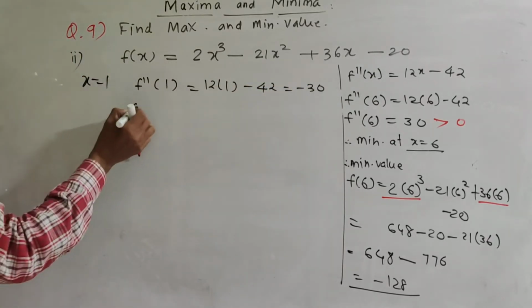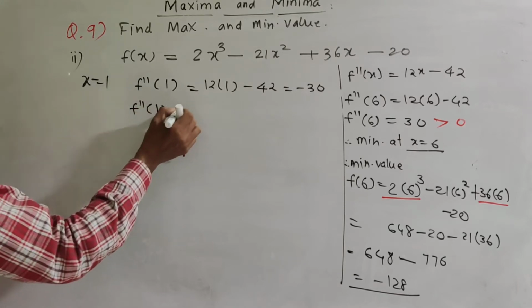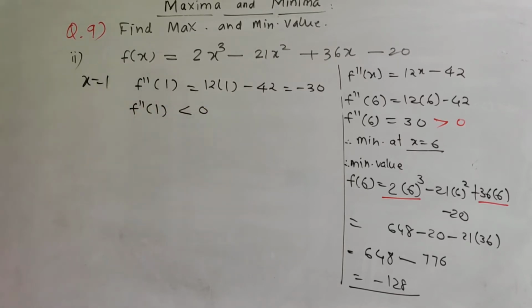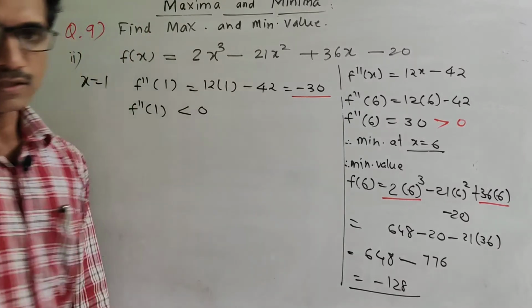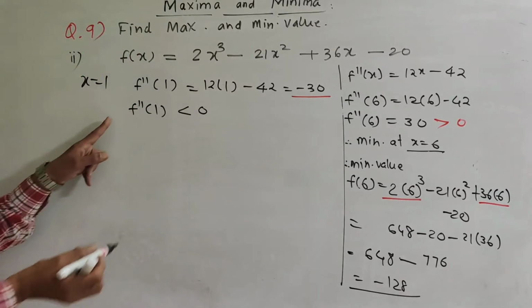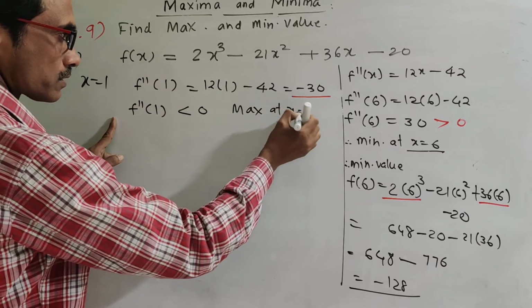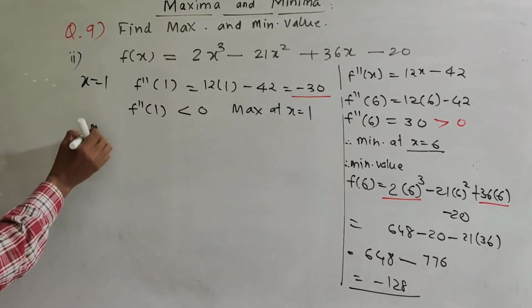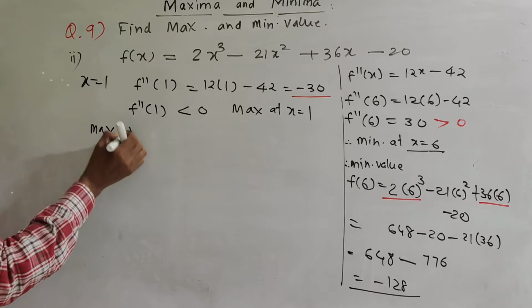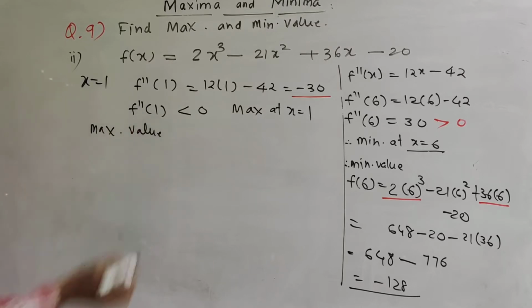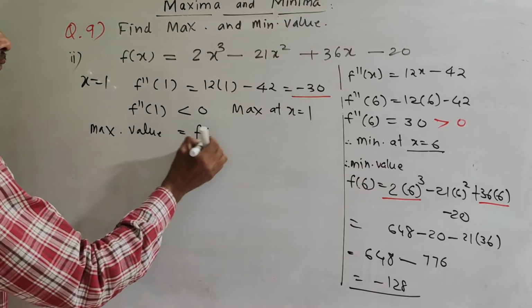So clearly f2 dash of 1 is less than 0, negative है. Therefore the function attains maxima at x is equal to 1, and the maximum value of the function is f of 1.